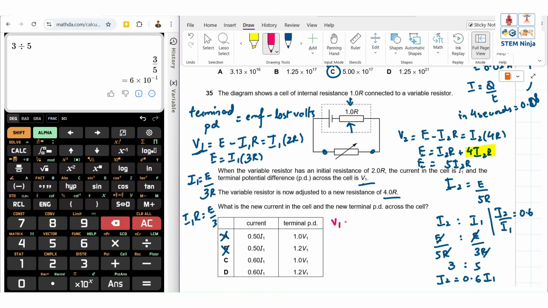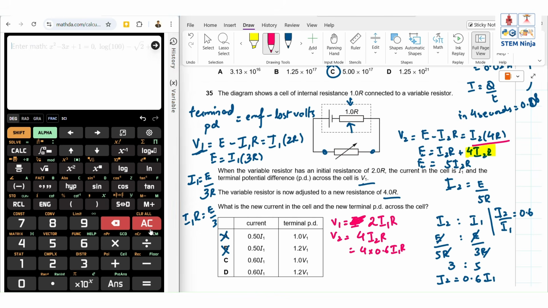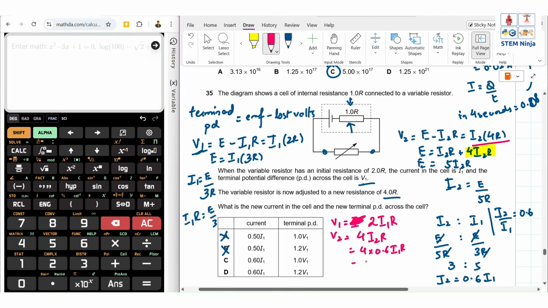So if V1 is equal to 2 times I1 R, now we have V2, 4 times I2 R. So 4 times I2 is now 0.6 I1 R. So 4 times 0.6 is 2.4. So 2.4 I1 R.